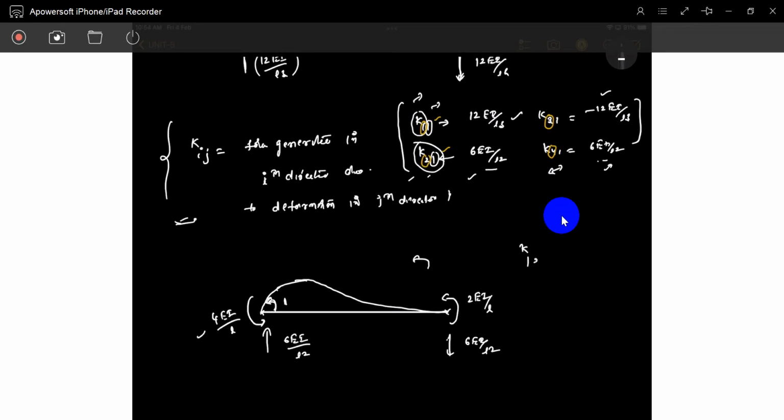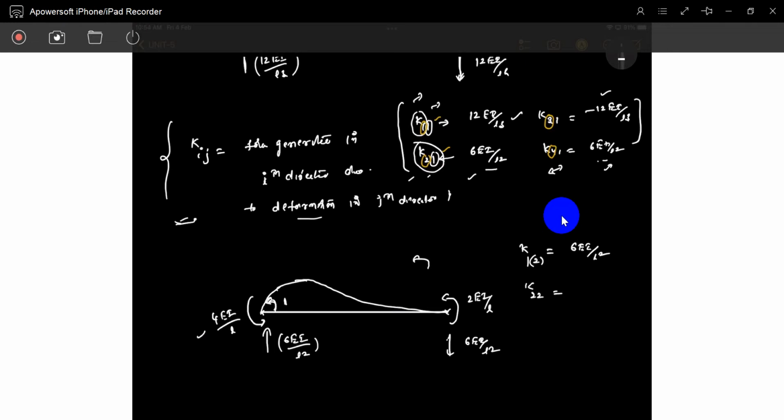If you now write it, K12 is the stiffness generated in the direction of 1 due to deformation in the second direction. K12 is 6EI by L square. Next K22: deformation in the second direction, the force generated in the second direction.